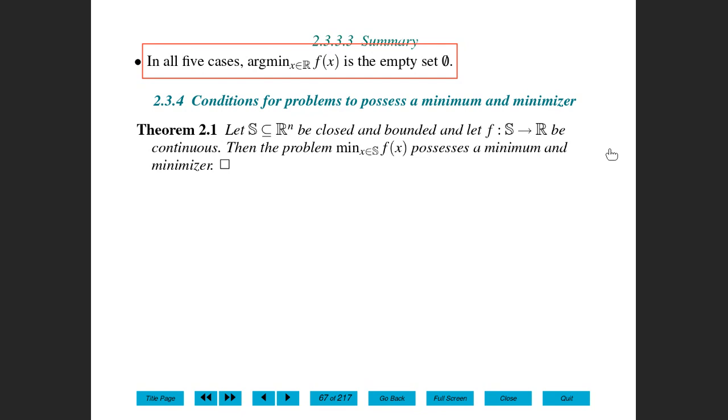Sorry? It's the empty set. Yes, but what does it mean, arg min? So what does it refer to? Yeah, just make a guess, no problem. Arg min. So arg min means what? What do you think? What could it be?